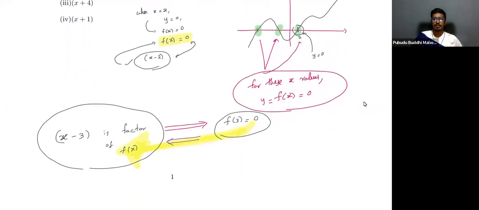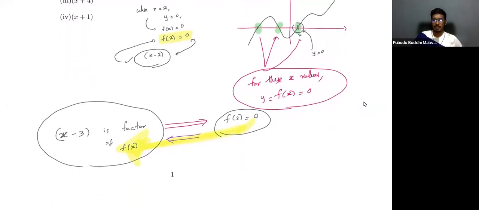So for that, you can check f of 3. Because if f of 3 equals 0, according to the factor theorem, x minus 3 is a factor. Right? Because you can't follow the other direction, because how do you know whether x minus 3 is a factor or not? Don't know that, right? That's what we want to determine. Hence, we should start from that side.